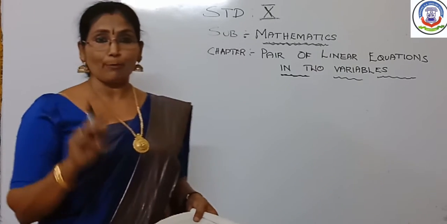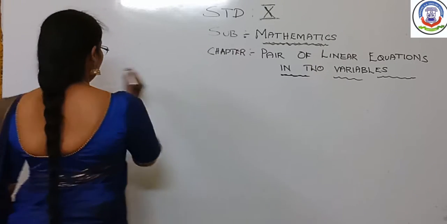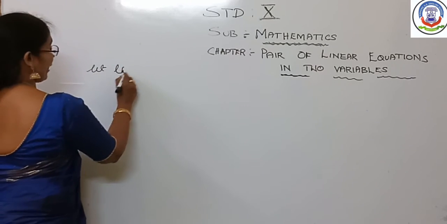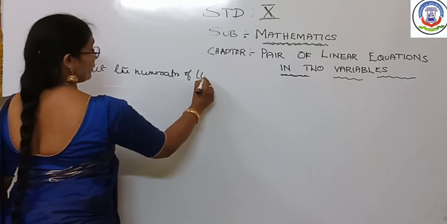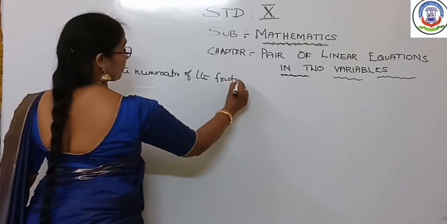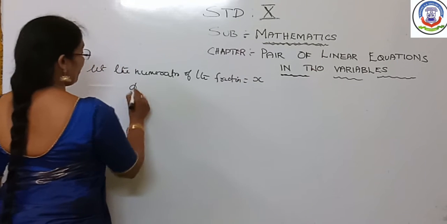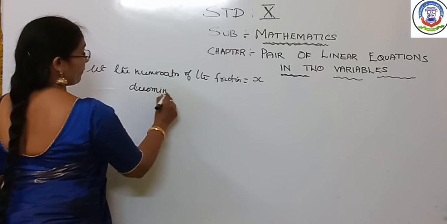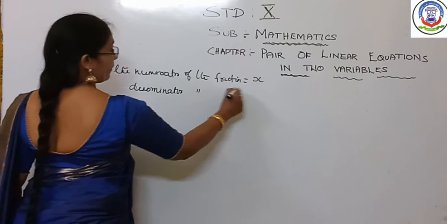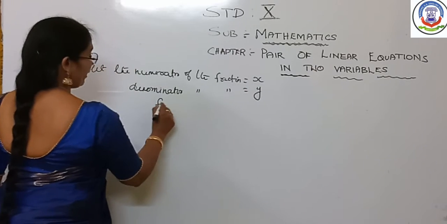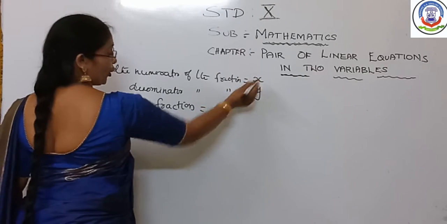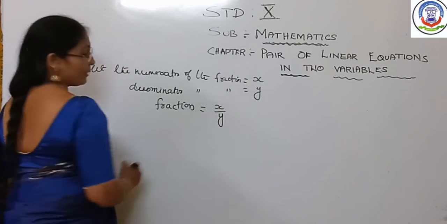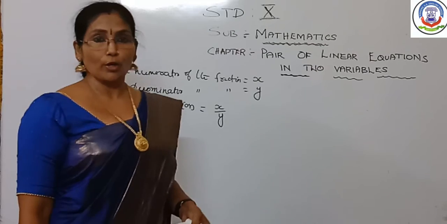So we suppose two variables: let the numerator of the fraction be x and the denominator of the fraction be y. Then the original fraction is numerator upon denominator, that means x upon y.